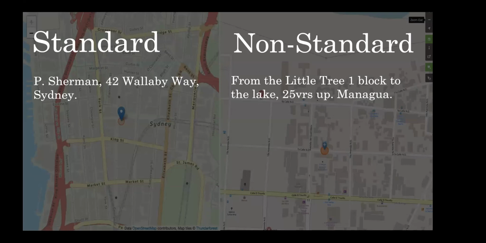They are easily recognizable and have very good support from geocoding providers. Almost any geocoding provider will resolve this type of address. And then we have on the right an example of what I call non-standard addresses.